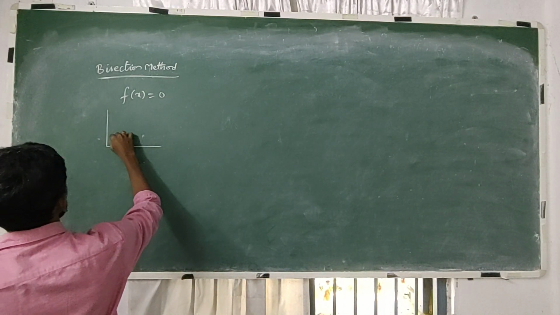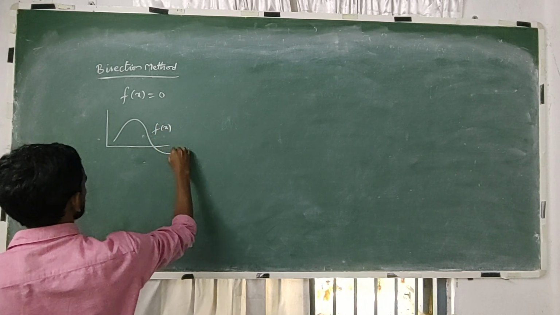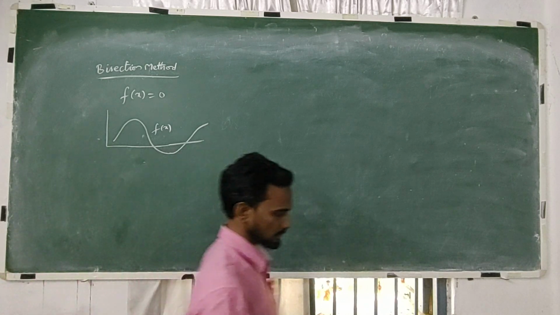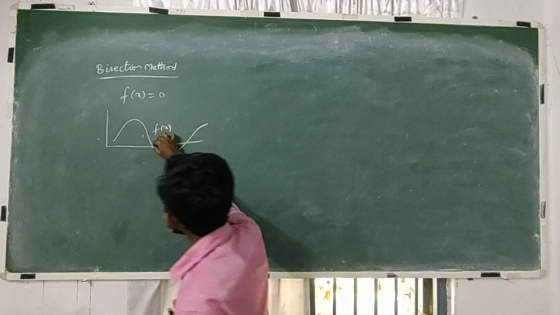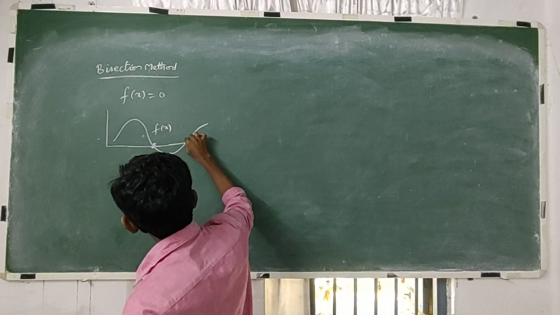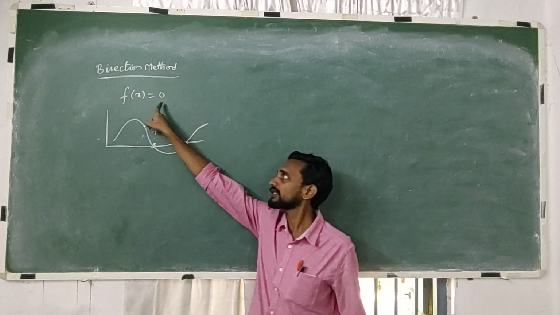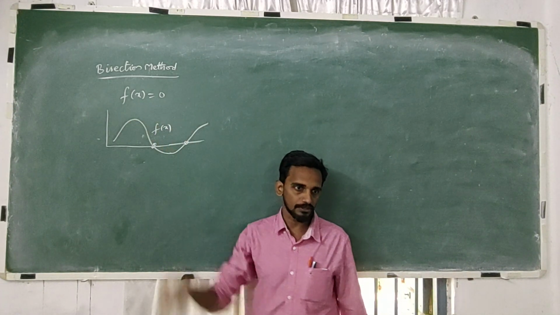So let's say you draw a graph for that function f of x, and the graph is like this. So here it is crossing. Our aim is to identify the value of x where f of x becomes 0.